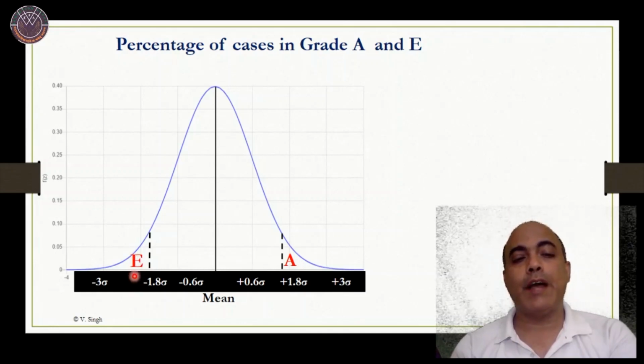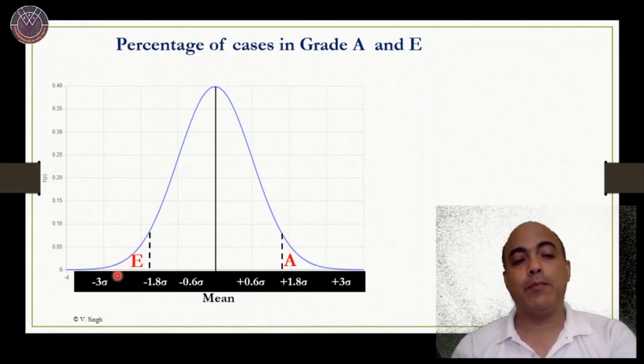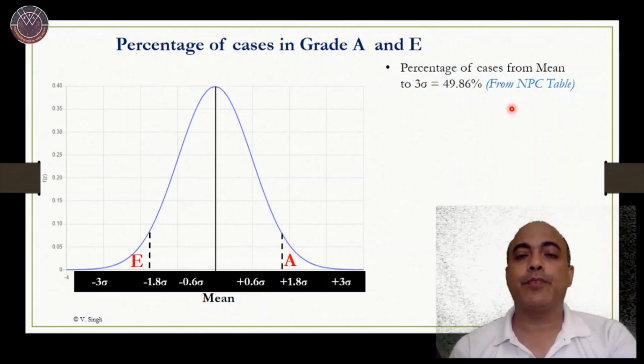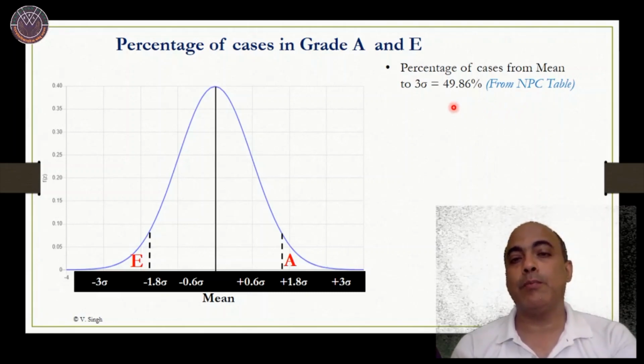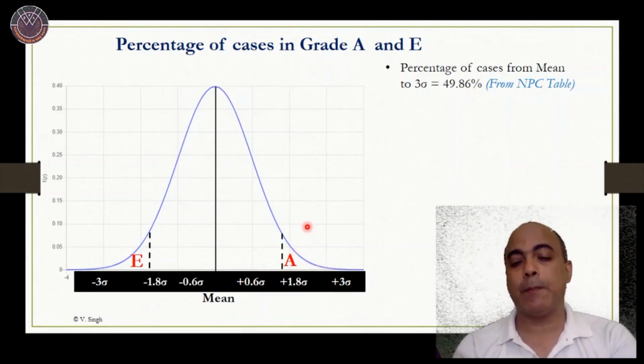Now we will look at the NPC table for the area under the curve, or the percentage of area under the curve in reference to sigma. If you see the NPC table, the percentage of cases from mean to 3 sigma is 49.86%.